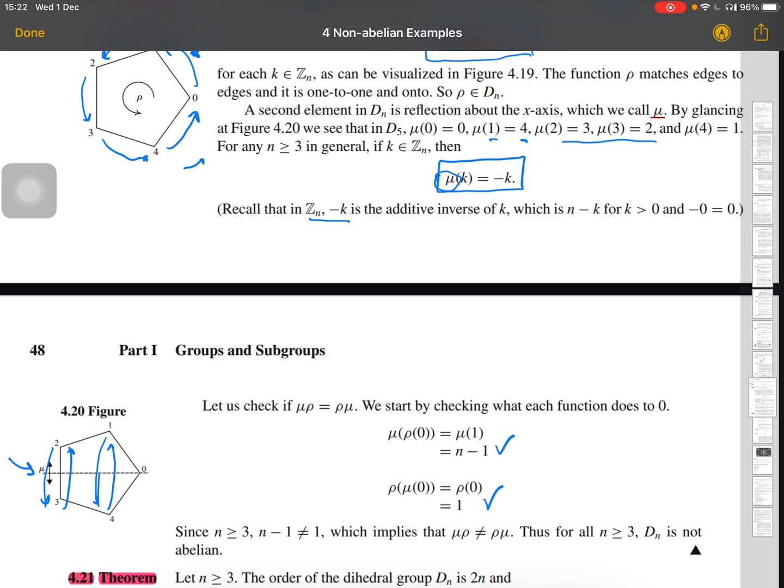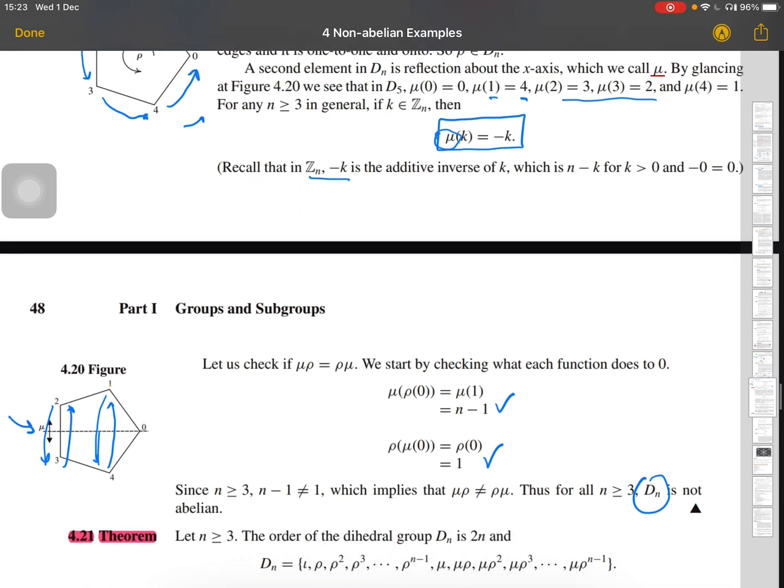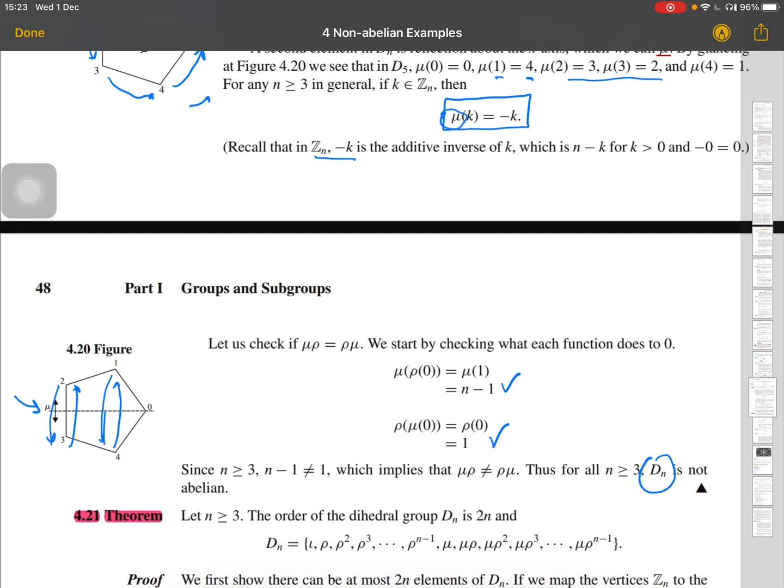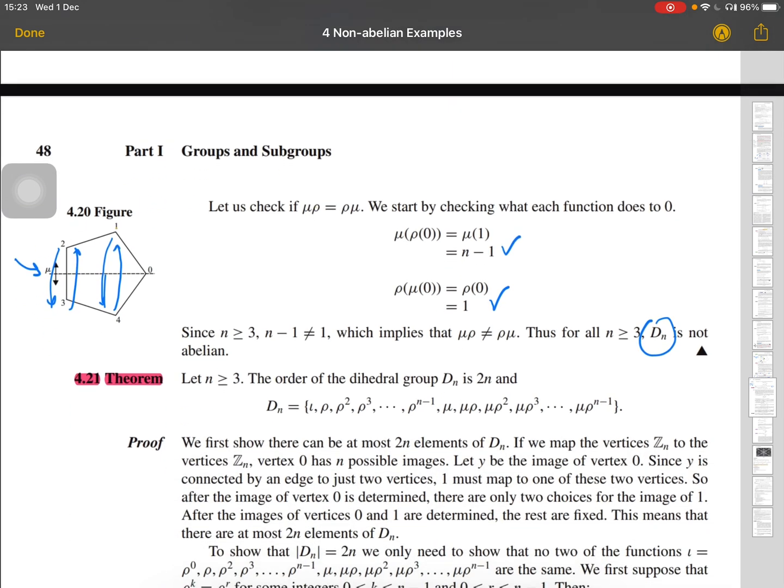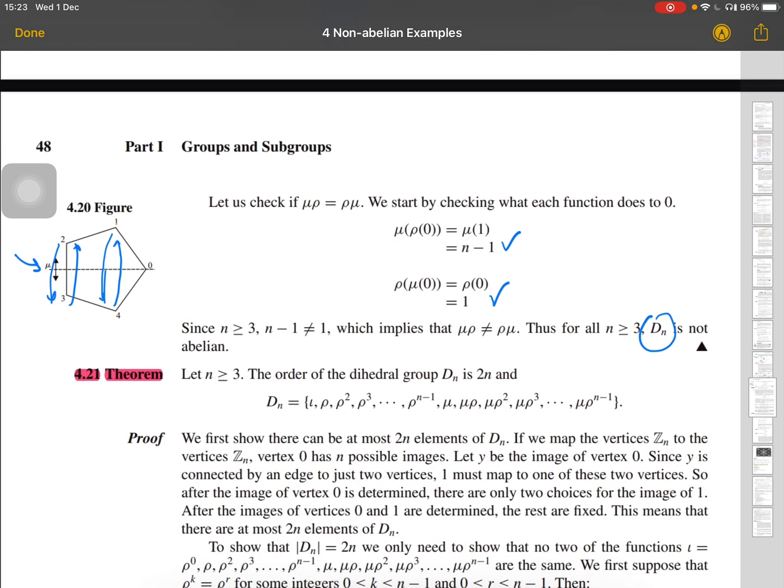Therefore, for all n greater than or equal to 3, Dn is not abelian. So the dihedral group is a very good example of a non-abelian group.